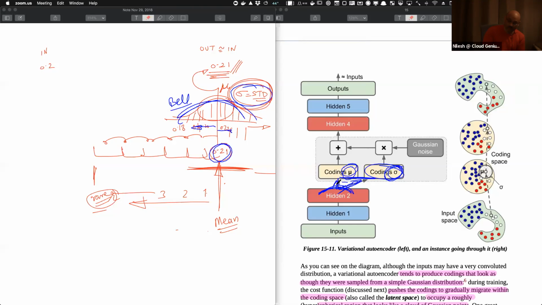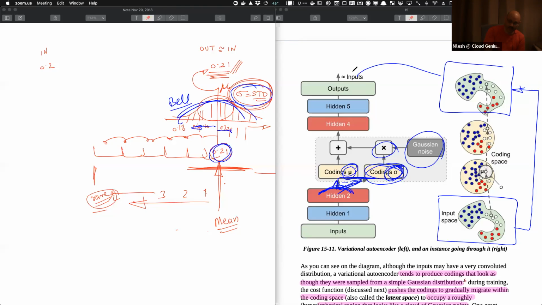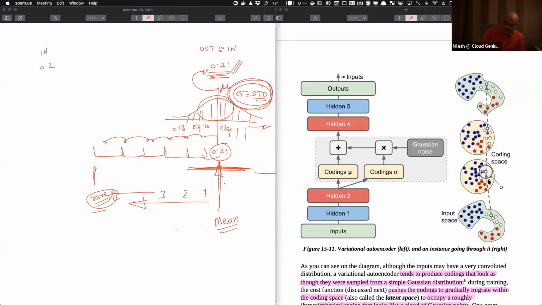What you can also do is insert noise into your standard deviation to make it even more noisy, and thereby set constraints. So from a visual perspective, if you provide that input space, it is attempting to match the input space in the output space. So output matches input like that. However, in the coding space, you will find that this mu, this blue dot, maps to this.